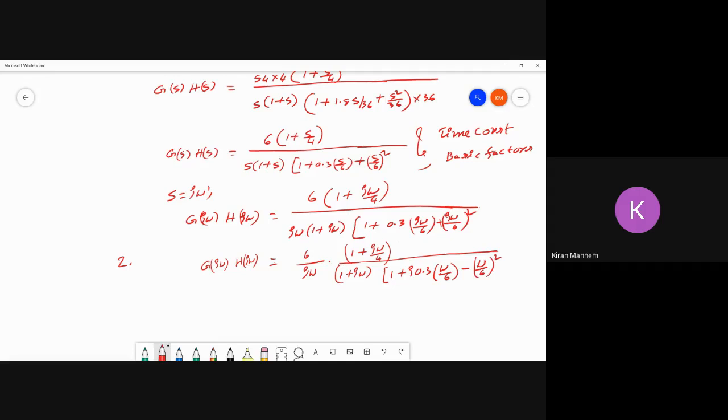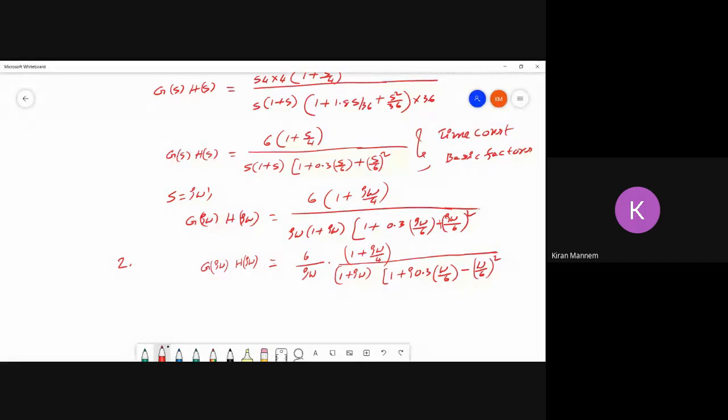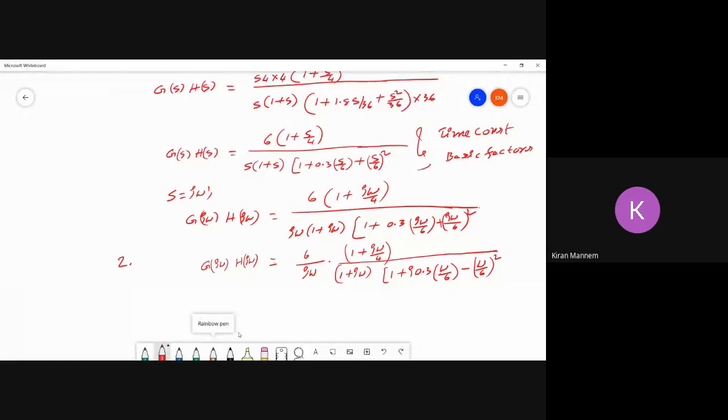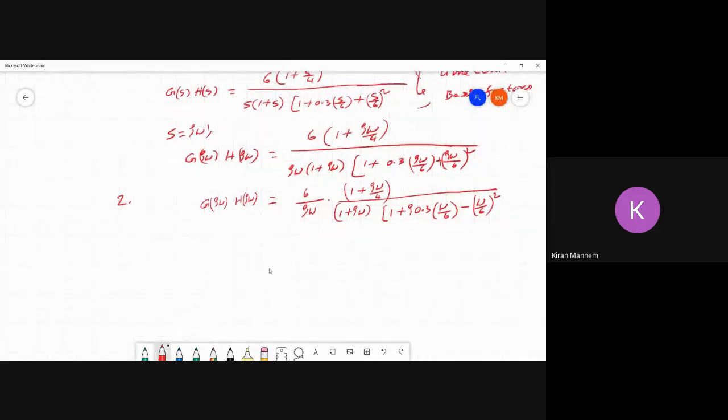Is it clear? Now let us formulate the table for drawing the Bode plot.